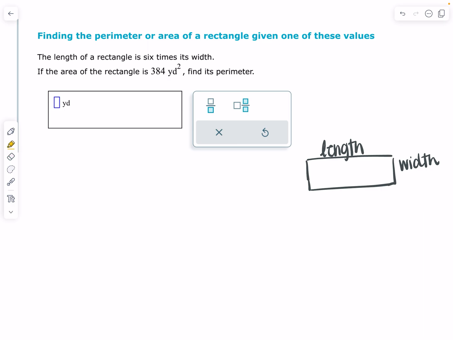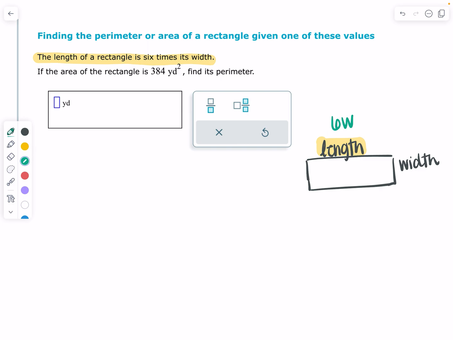Alright, so first thing I need to do is get some variables set up and find my length and width. It says that the length of the rectangle is 6 times the width. So the length of it is 6 times the width, or 6W.